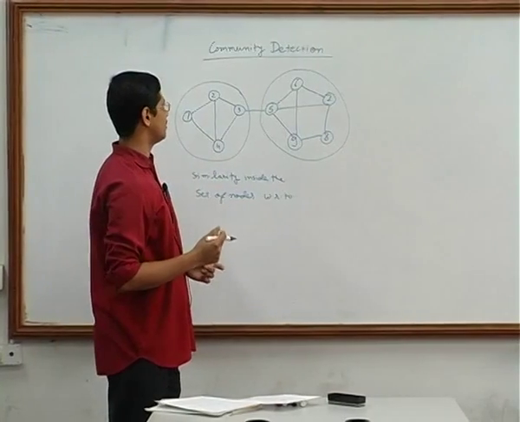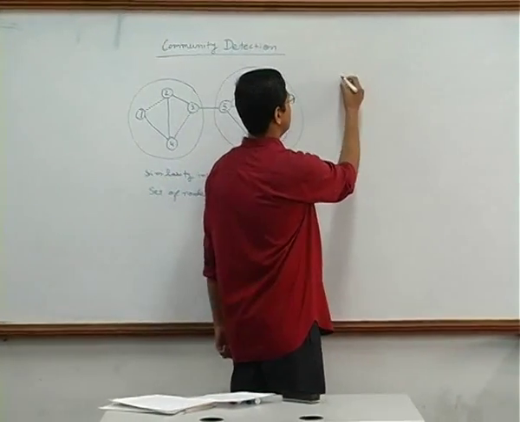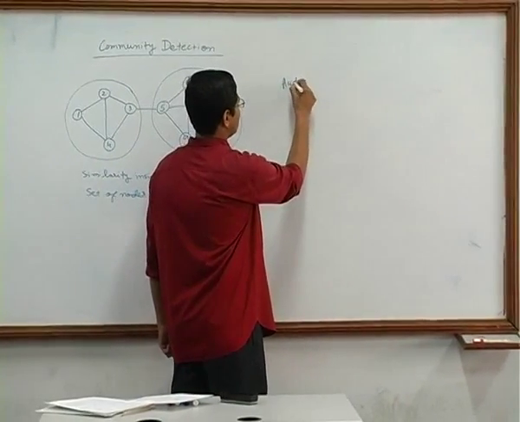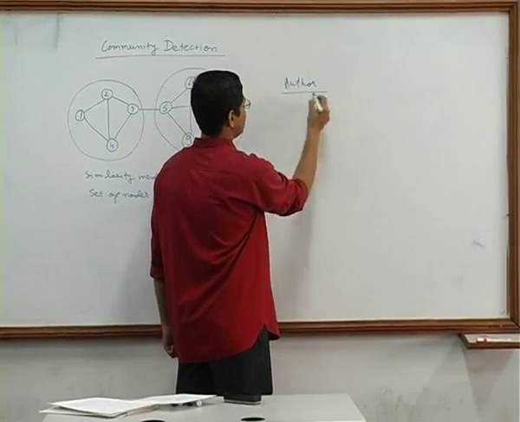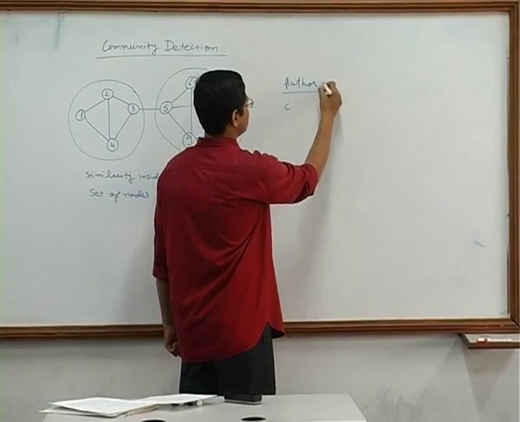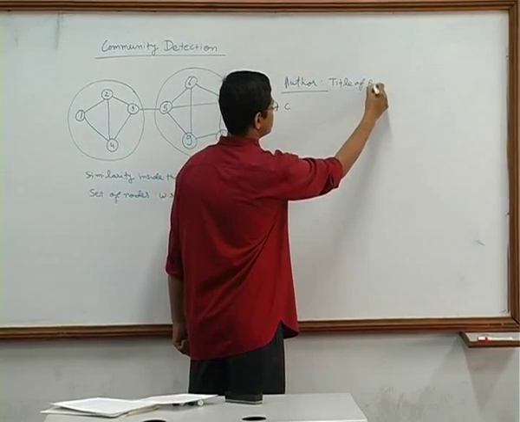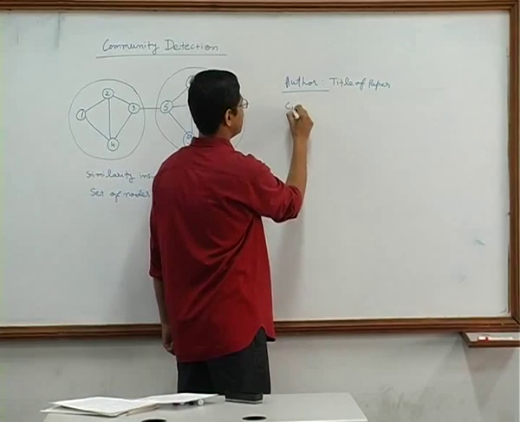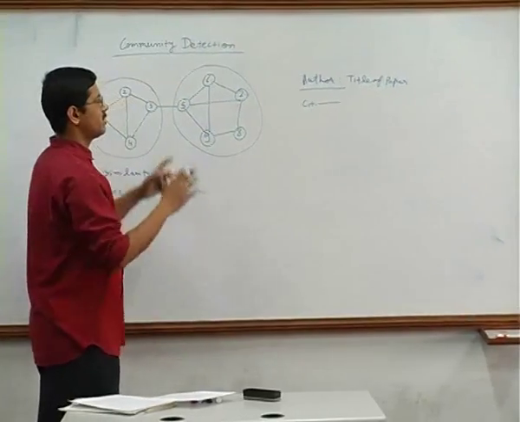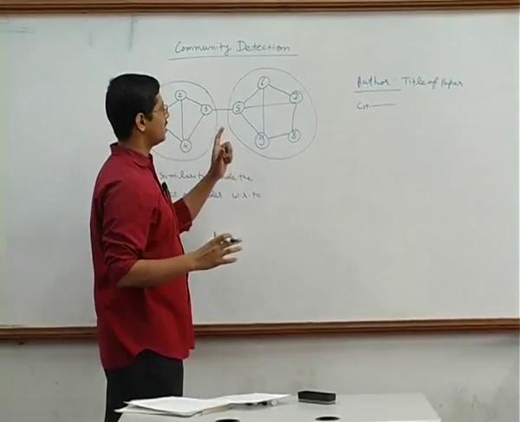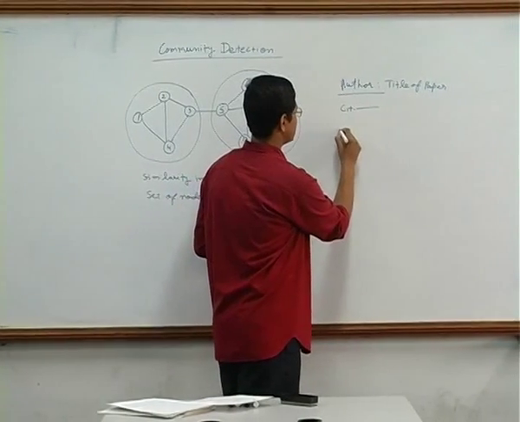You may find several communities. For example, suppose we represent author and citation, author with title of paper, and citation, and prepare a graph, and then after identifying the community we will find the papers having similar topics.